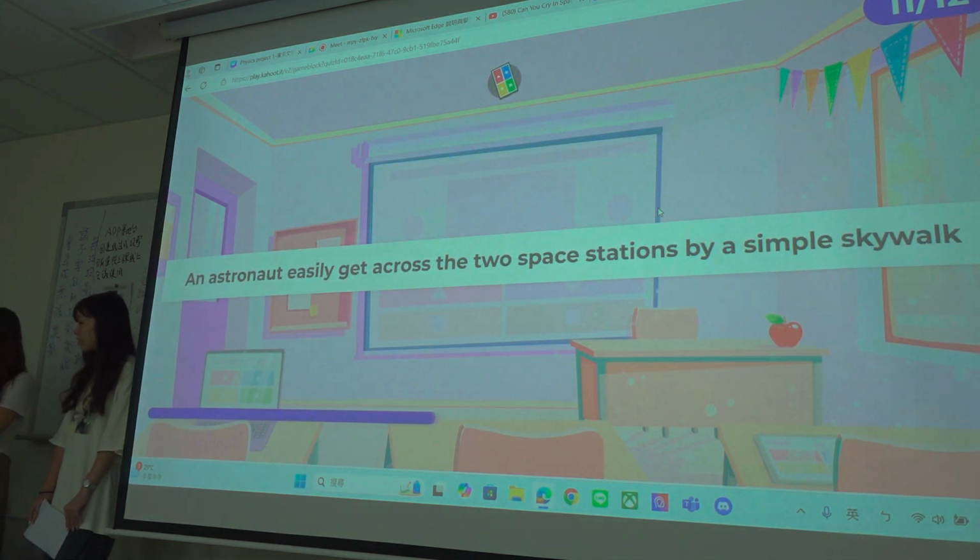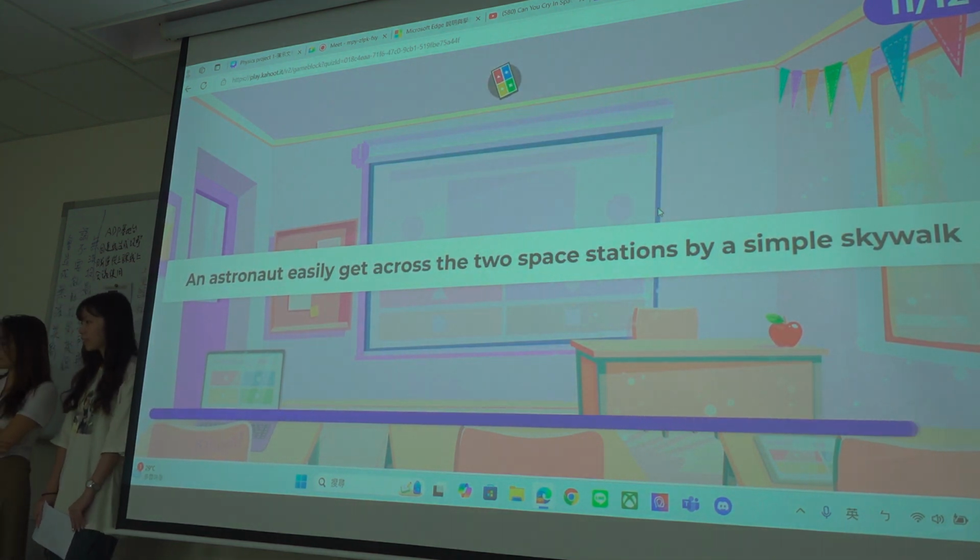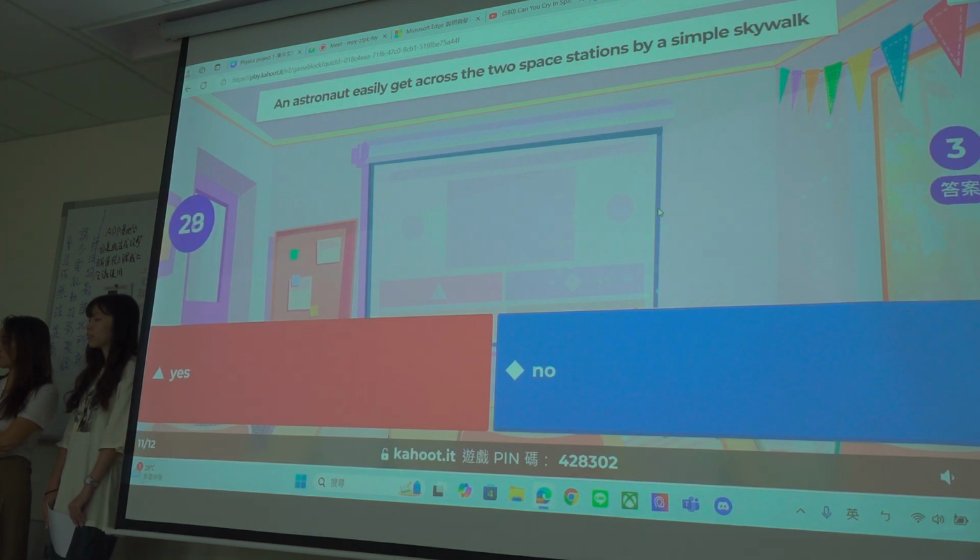Question 7. An astronaut easily gets across the two space stations by a simple spacewalk.